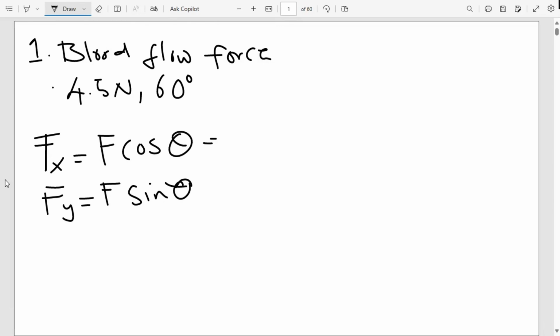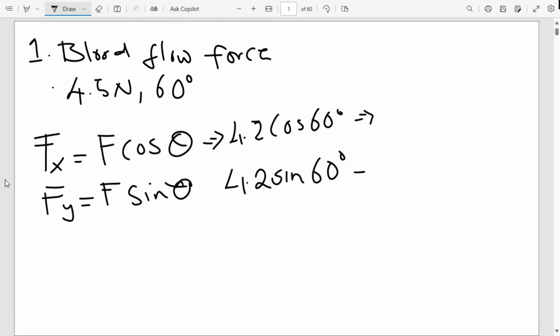So this will be equal to 4.2 cos 60 for the x component, and 4.2 sine 60 degrees for the y component. The final answer for the x component of this blood flow force is 2.1 newtons, whilst the y component is 3.637 newtons. So these are the respective components of our vector in the x and y directions.